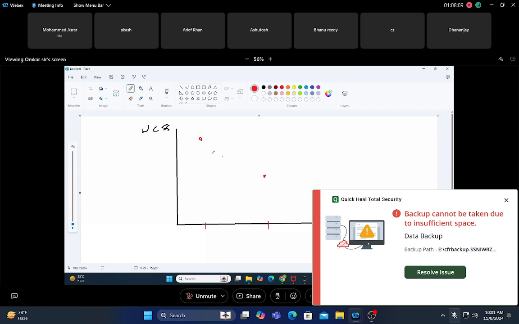Automatically the elbow curve will come. The curve will reduce like an elbow. That elbow is not coming now here, but theirs will come.